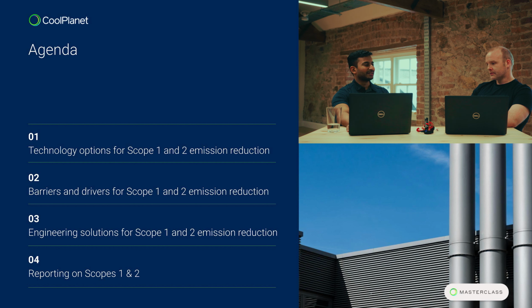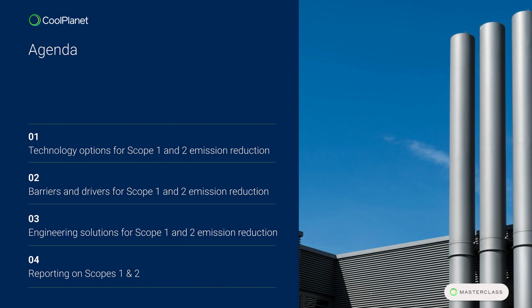And then we touched upon how renewable integration can reduce scope 2 emissions. Finally, we also discussed barriers and drivers to emission reduction, which constitute technology, financial, and regulations and policy.